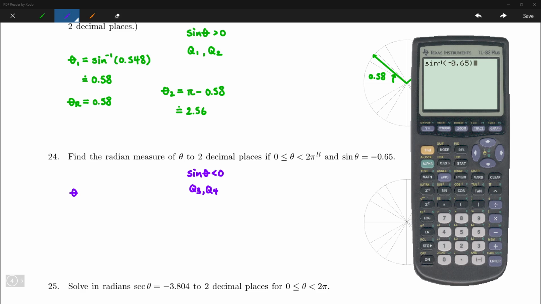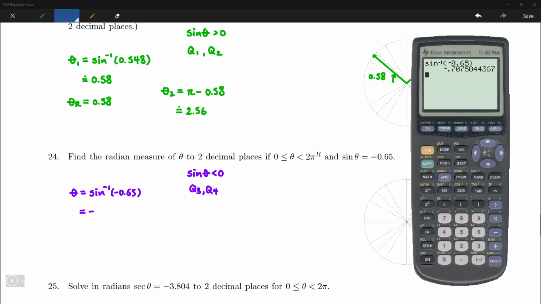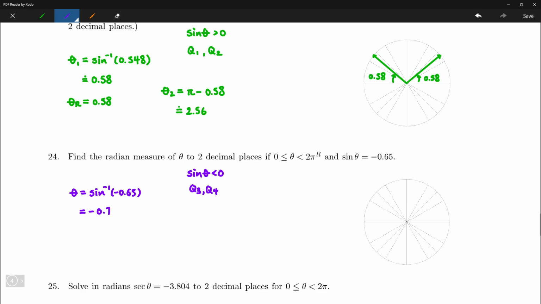Right, so notice that the angle this time will be negative, which is not between 0 to 2 pi, so we cannot actually use that as an answer, but it will lead us to them. The first solution that we get, once again, from the calculator was negative 0.71. Now, this is in quadrant 4.